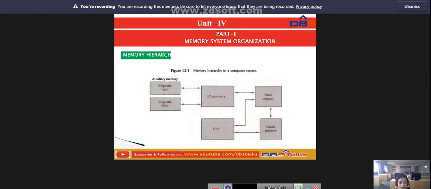In a multi-programming system, when one program is waiting for input or output transfer, there is another program ready to utilize the CPU.